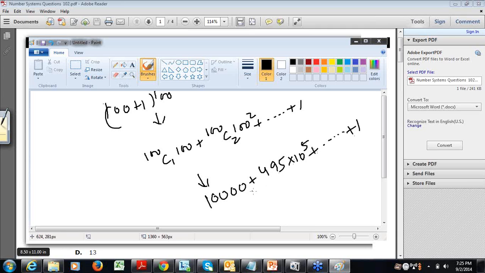So in the end, you will get something ending in 0001. You subtract 1, so 1, 2, 3, 4 zeros. So this will be divisible by 10,000. So maximum you can get this 10,000 in the end.